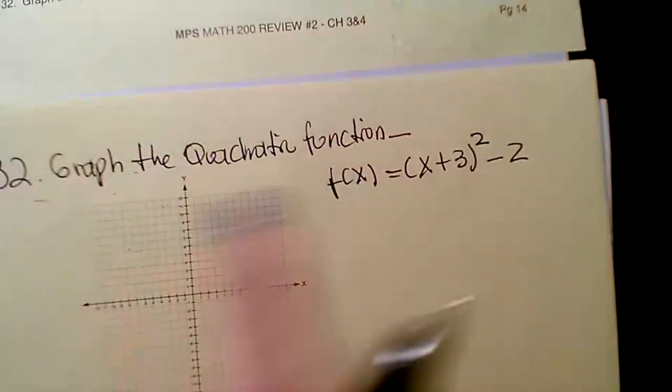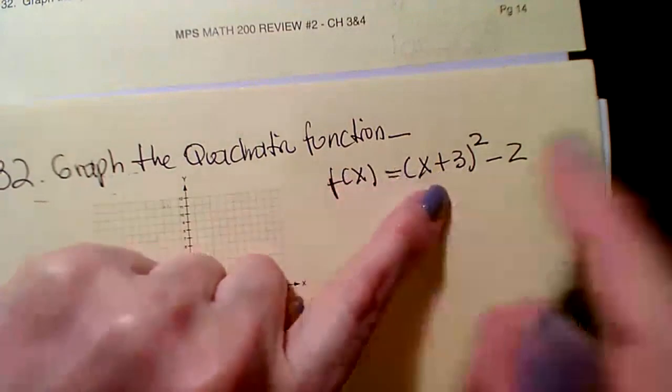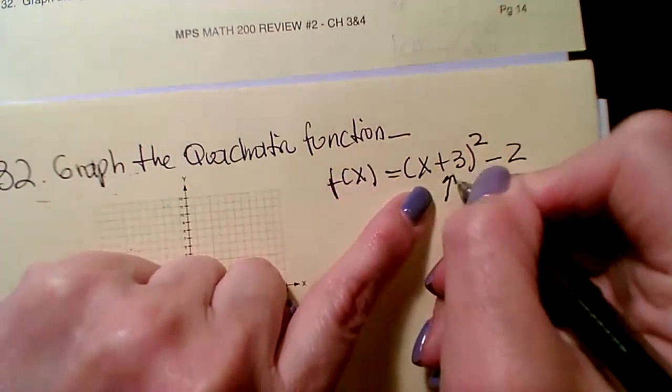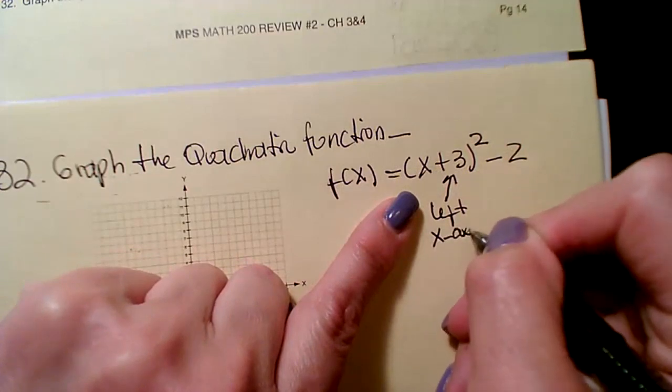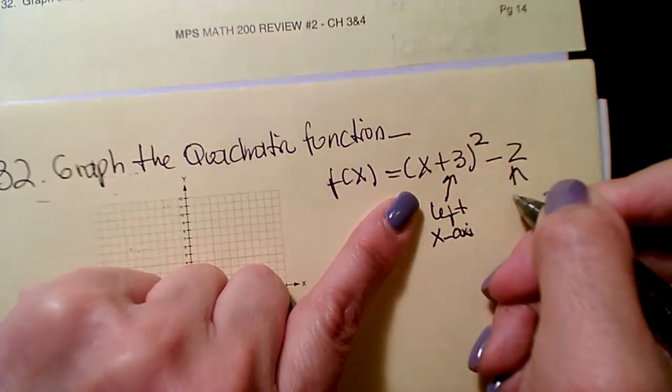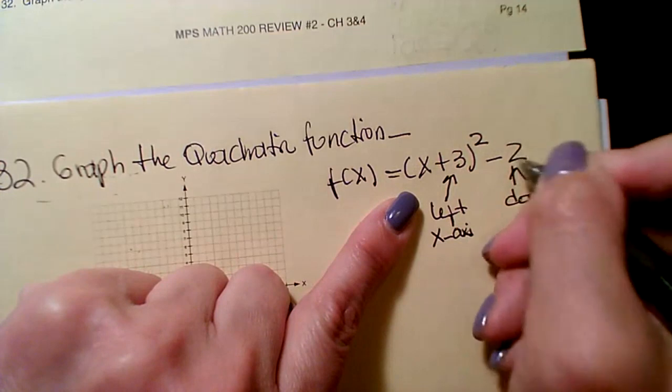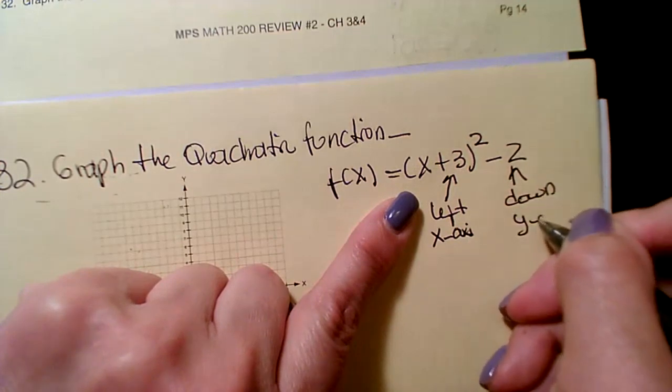So right there, it's going to be the opposite, we said, right? So we're going to go to the left. And this is going to be in the x-axis. And we're going down because it's negative 2 in the y-axis.